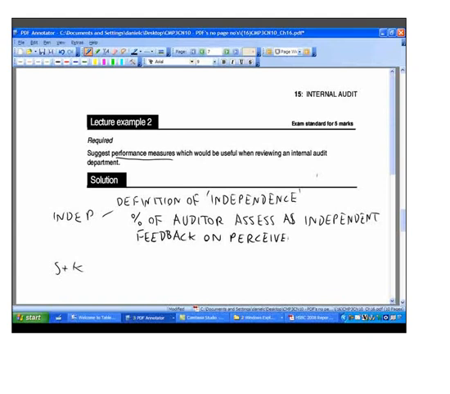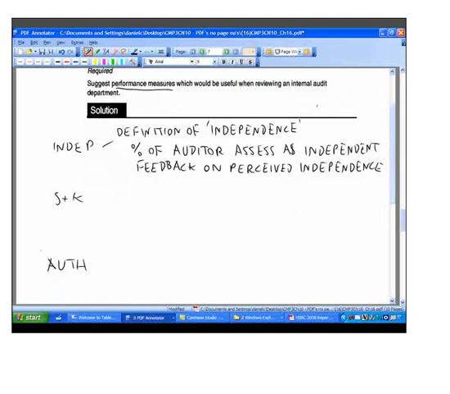Something like skills and knowledge, well, if there are formal qualifications that you think are appropriate, you could assess what proportion of your auditors actually hold a qualification. So how many are qualified either as auditors, because there are auditing qualifications, or perhaps as accountants if they're responsible for auditing finance areas, or have some sort of IT qualification if they're auditing IT areas.